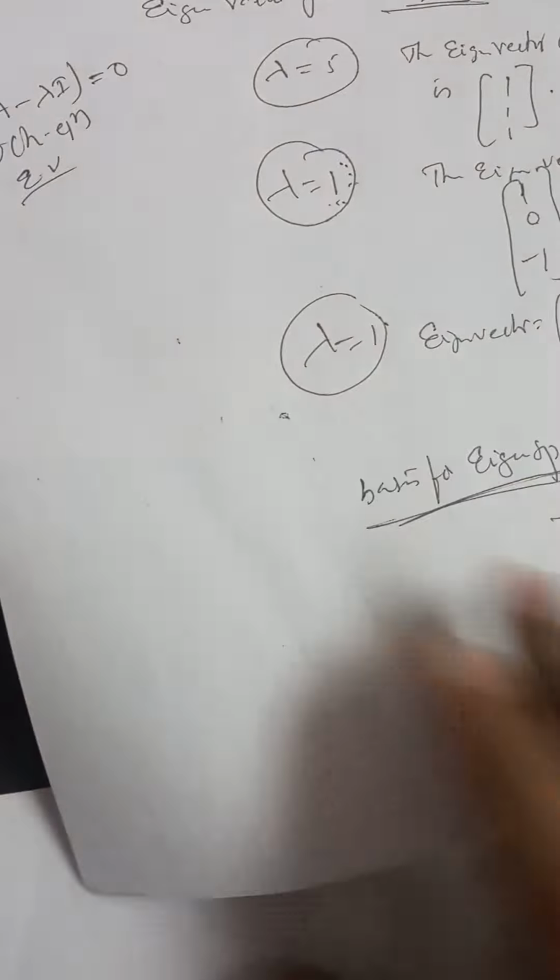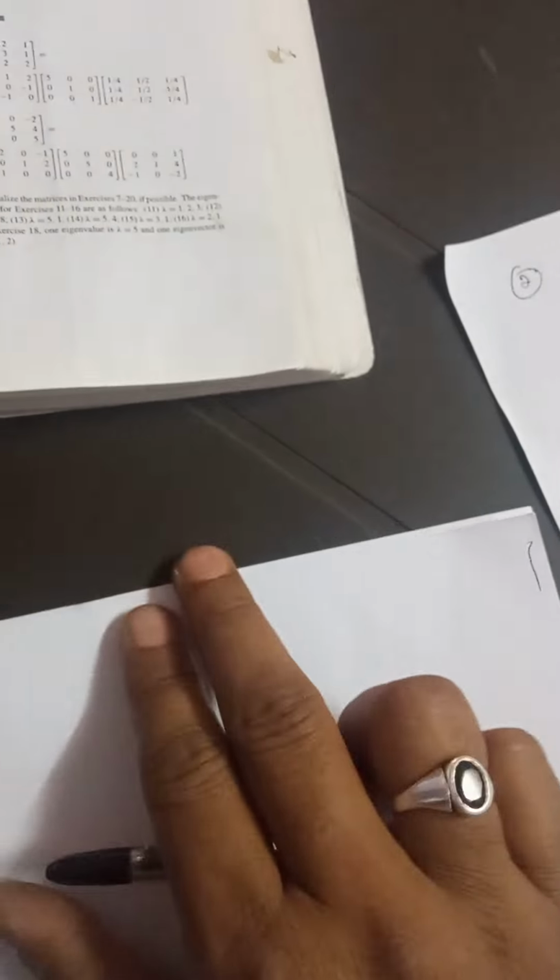This is the given problem, and I am copying it as it is. The eigenvectors, or you can say the basis, depend upon the procedure we followed, so eigenvectors may be different, not unique.